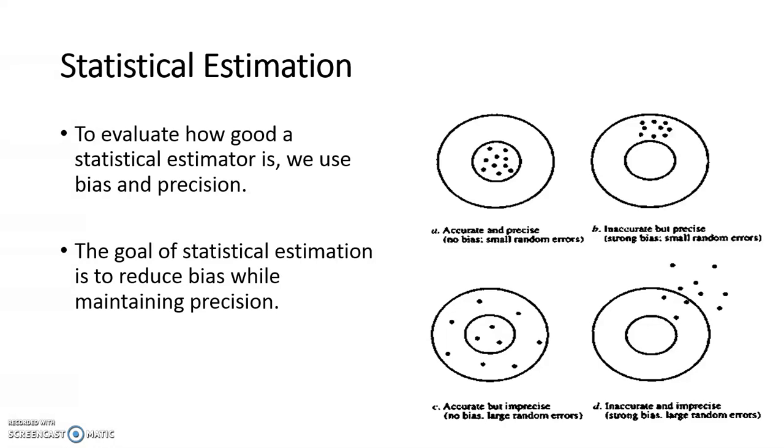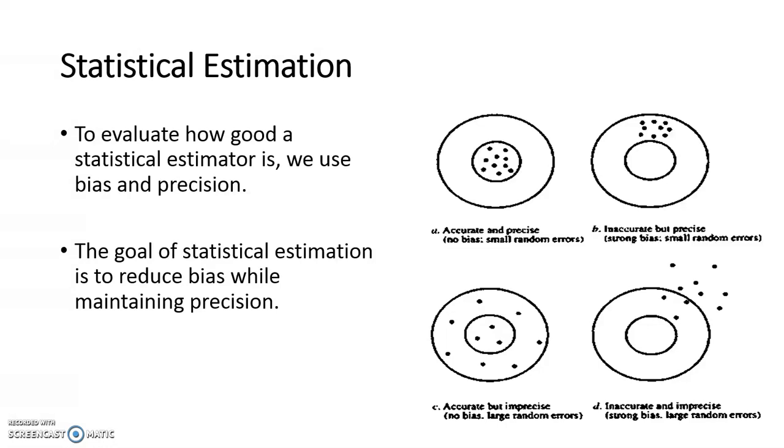The one on the upper left is unbiased and precise. This is what we are hoping for. We want to look for estimators like this. The one on the upper right is precise because the points are not all over the place. They're pretty much focused, but it's biased. It's away from the center, which is the true value of the parameter.